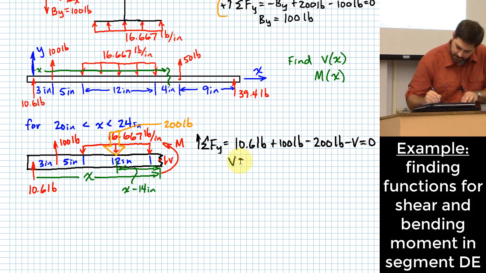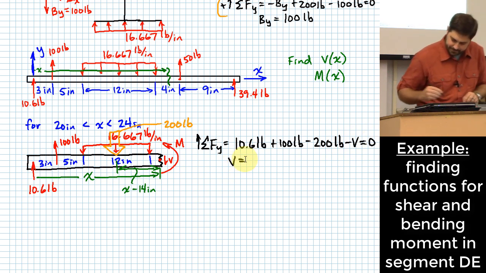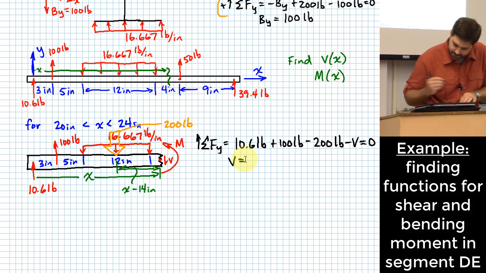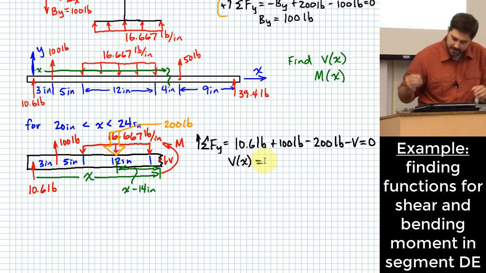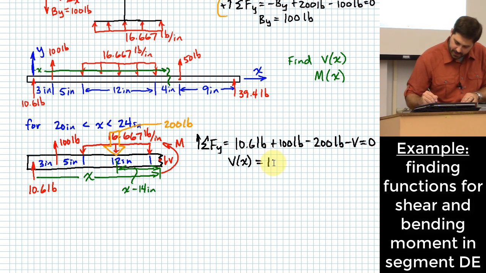So what is V going to be? I mean, V of x, I'll tell you what, you don't even have to simplify these out if you don't want to. You can just kind of leave them alone. So what that would be is just 110.6 pounds like we had before minus 200 pounds.